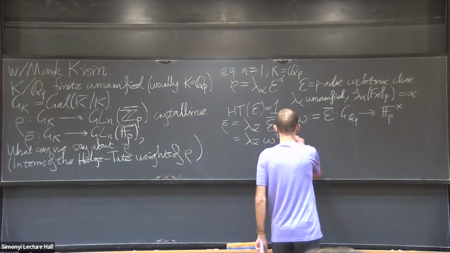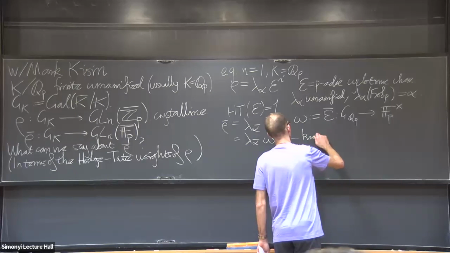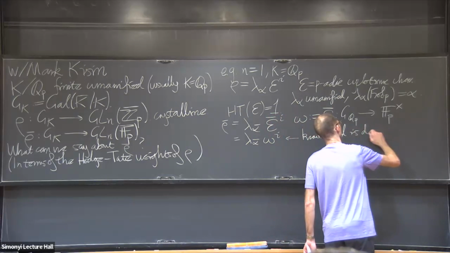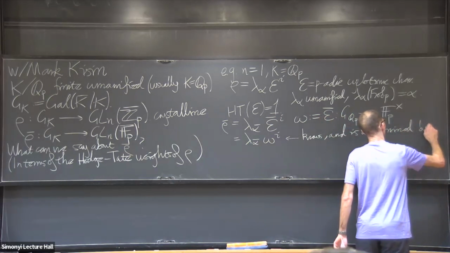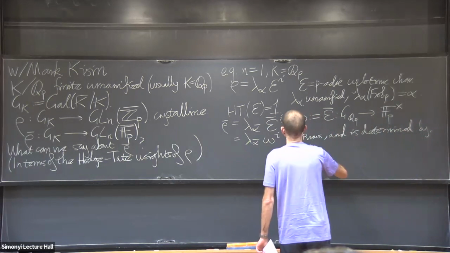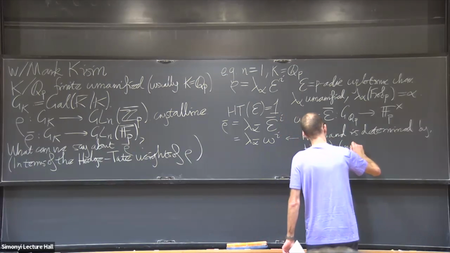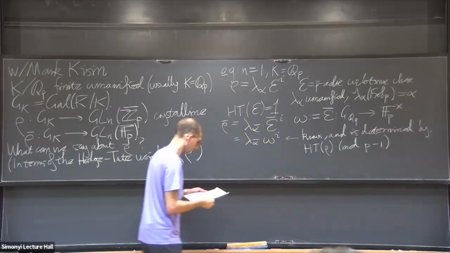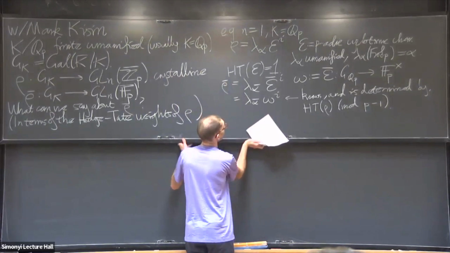So it is determined by the Hodge-Tate weight of rho mod p-1, kind of all the data. Right, okay, so the picture for characters is very simple.